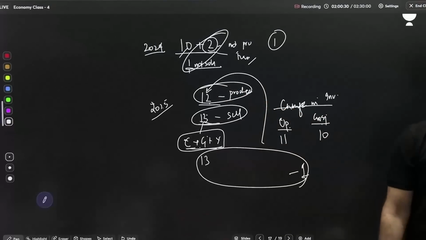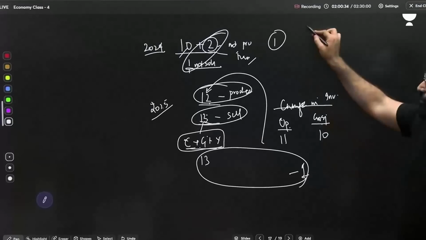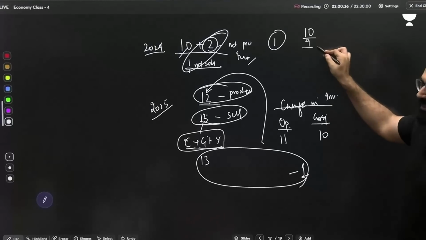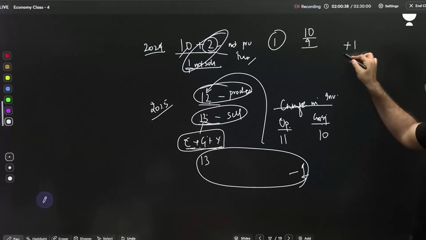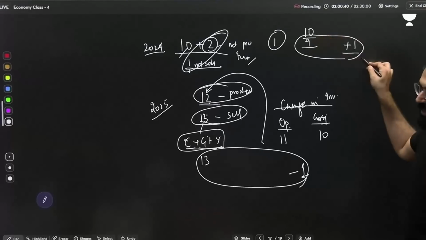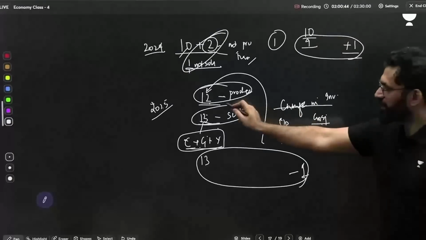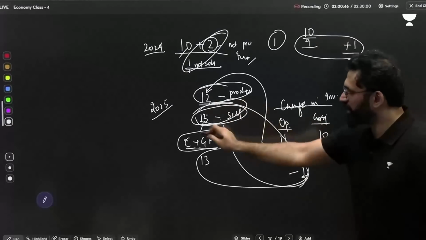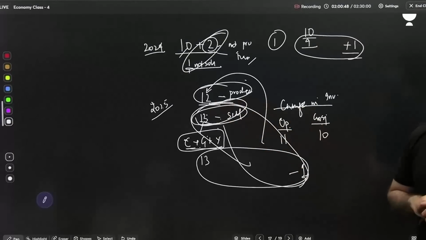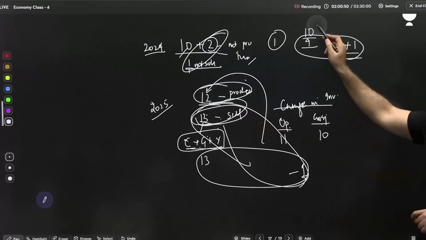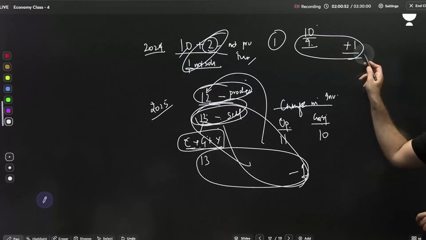Is this clear? Change in inventory will always accommodate whatever you have produced. When I produced 10 but I sold 9, change in inventory was plus 1. So 9 plus 1 became 10. When I produced 12 but sold 13, change in inventory became minus 1. जब produce 10 किए, sell 9 हुए तो change in inventory plus 1 हो गया.